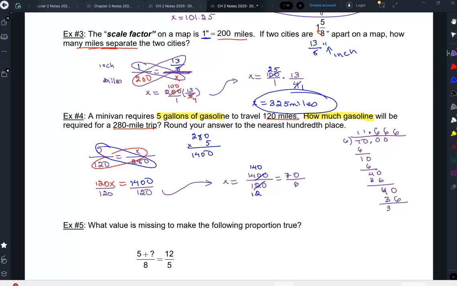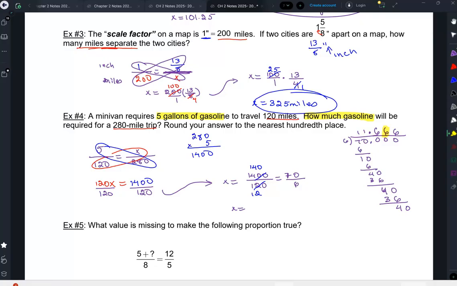Couldn't you do 70 divided by 2? Huh? 70 divided by 2. Oh, you could have done it again, yeah. But, I mean, you could have also done it from the beginning. It's going to be a repeating number. So now, how am I going to round this to the hundredth place? That's the hundredth place. 11, so this is the hundredth place.